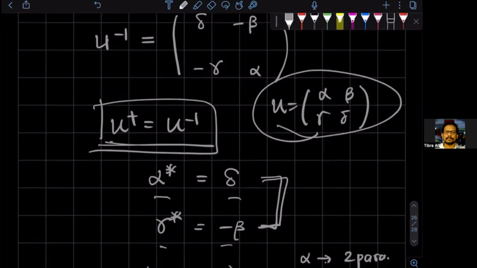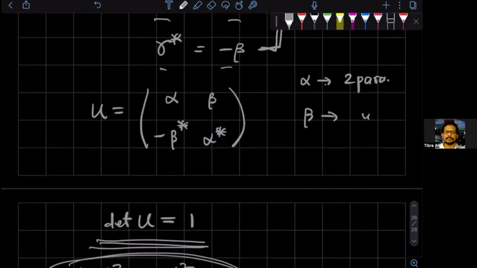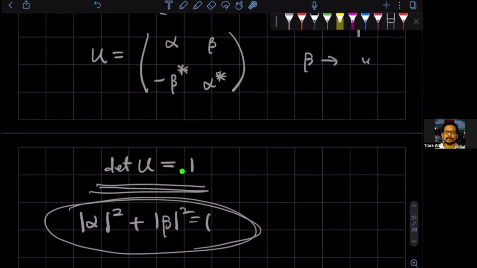So I use this to get rid of 2 of the complex parameters in U and write U in terms of alpha and beta. So I've written U in terms of 4 parameters, not independent. And I have one further condition to impose. That condition is the determinant of U is 1, which in these parameters comes out to this. Do you follow? Yes, sir.